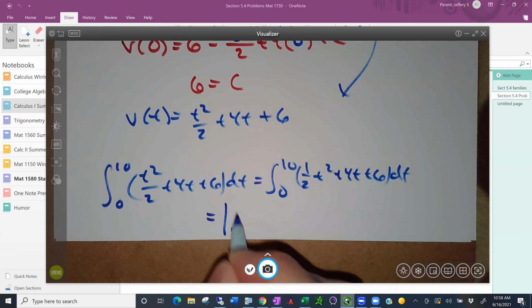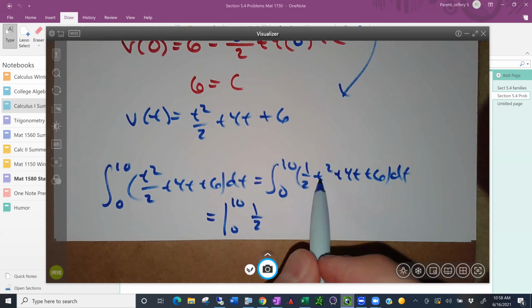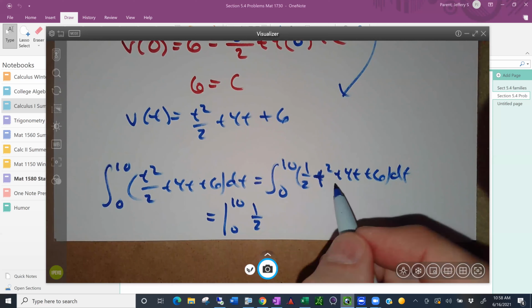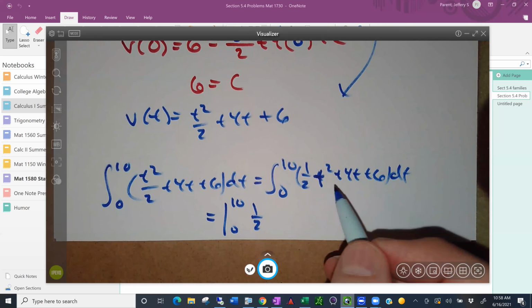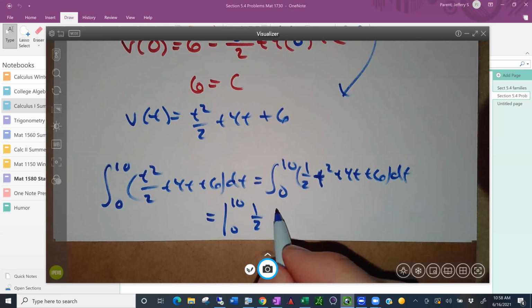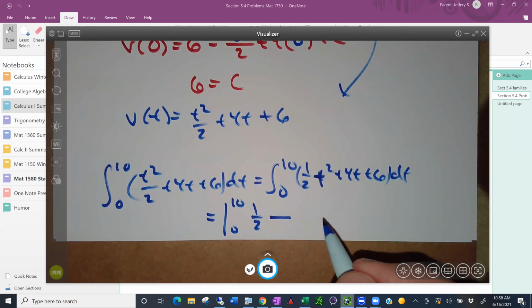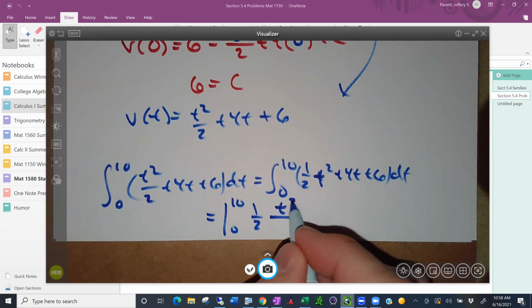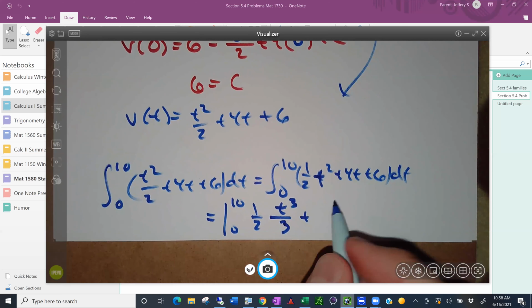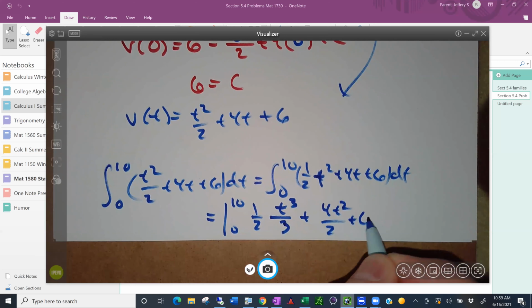That's going to be a function evaluated from 0 to 10 of 1/2. And then what happens when I try and find the antiderivative of t squared? What will I get? T cubed over 3. Awesome. T cubed over 3 plus 4t squared over 2 plus 6t.